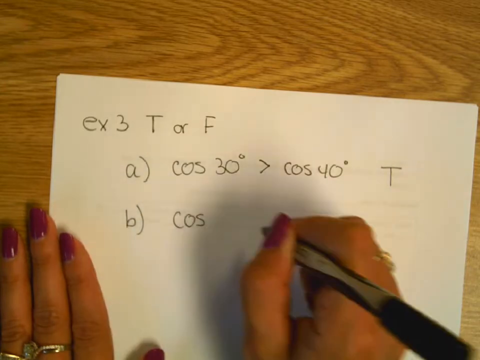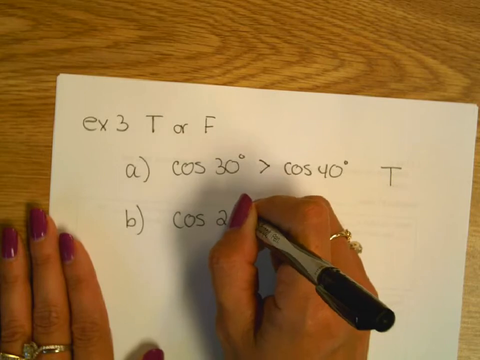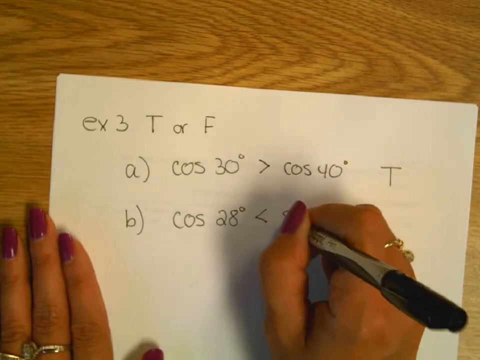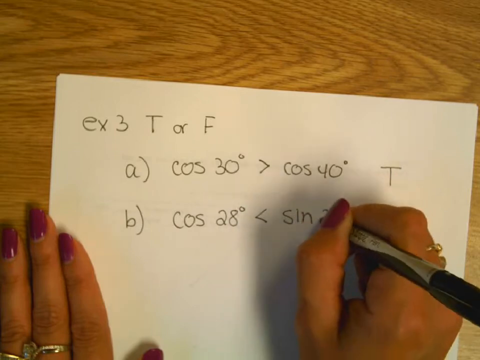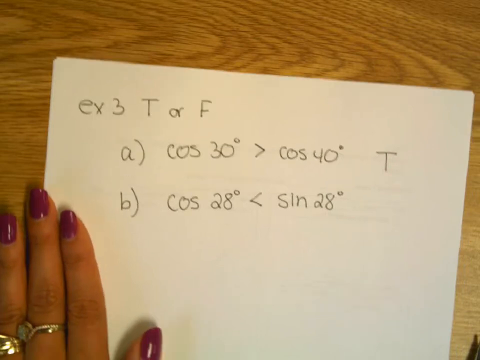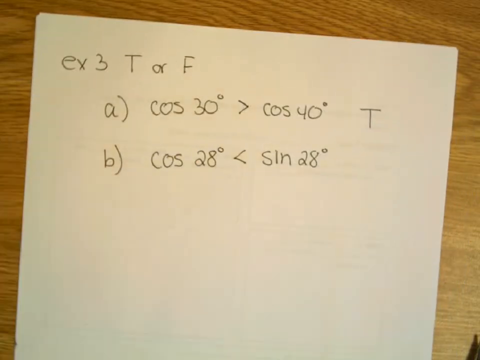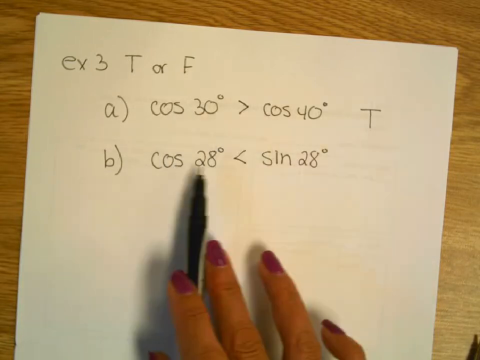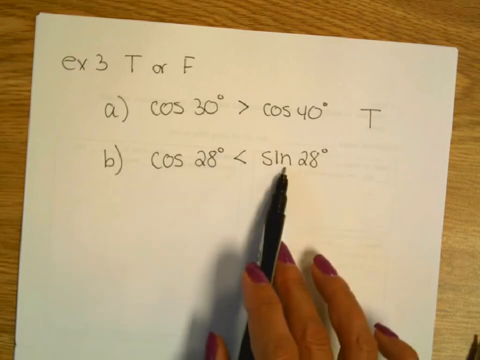Cosine of 28 is smaller than the sine of 28. There are actually a couple ways to think of this one. It's easy, when it's the same function on both sides, to compare. It's a little bit tougher when there's two different functions.